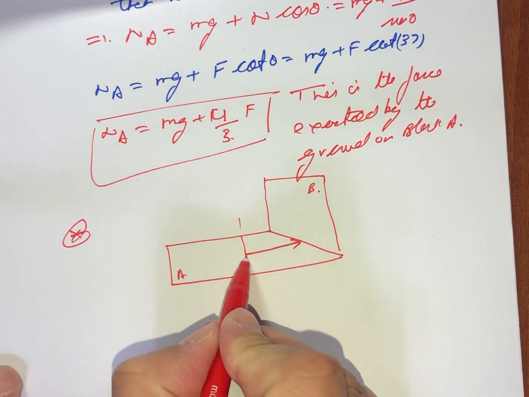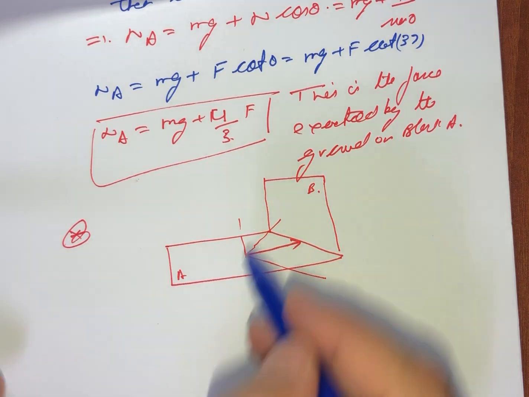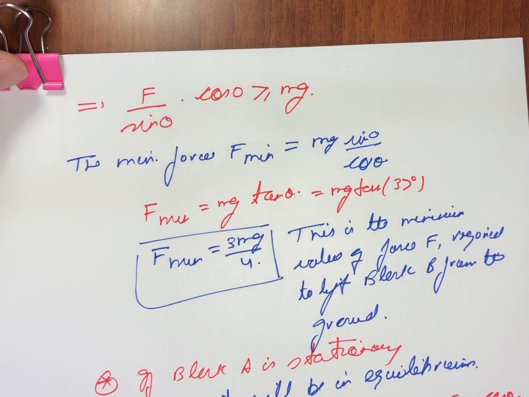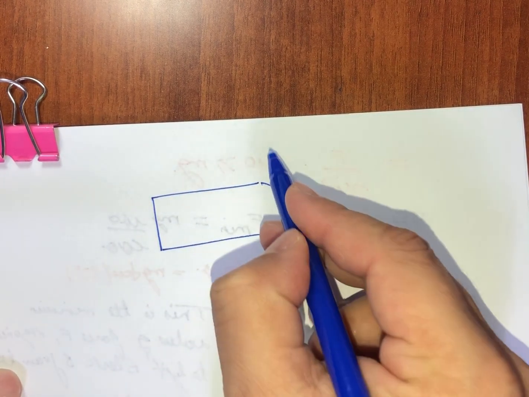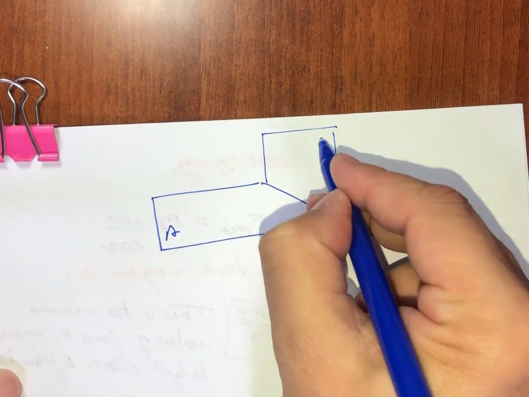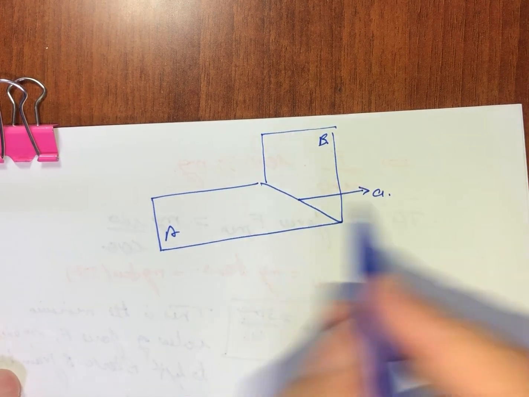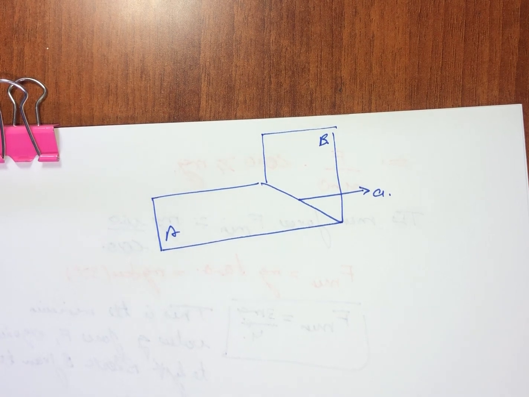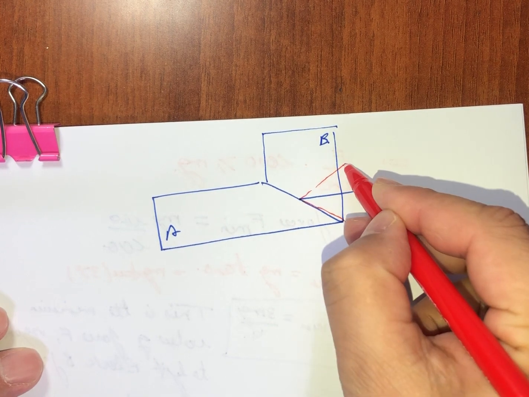One will be along the inclined plane and another will be in this direction.